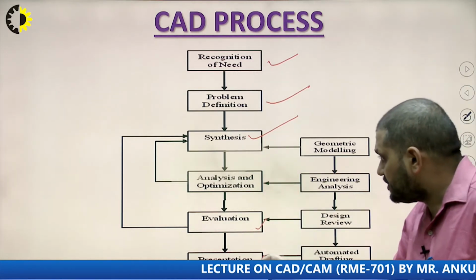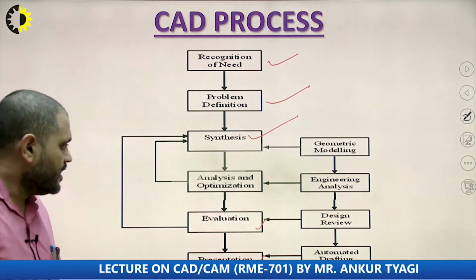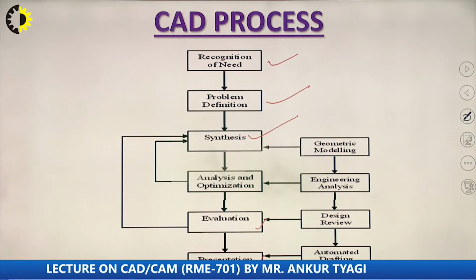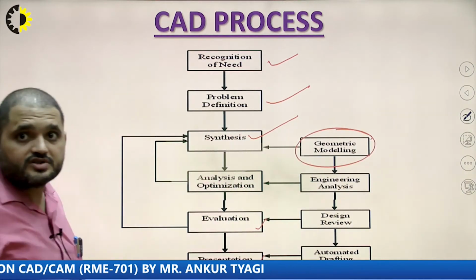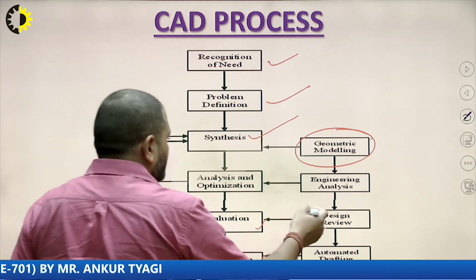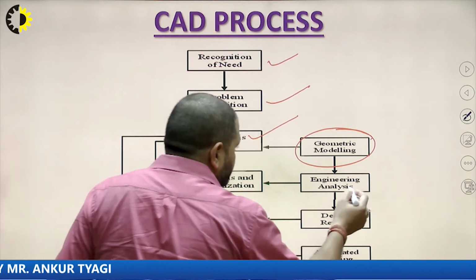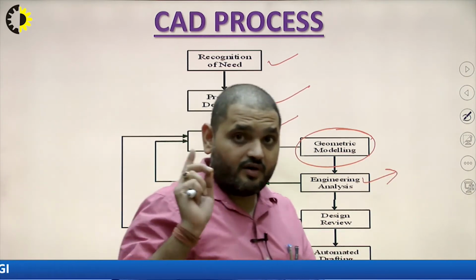The processes attached to these stages are as follows. For synthesis we use geometric modeling. For analysis and optimization we use engineering analysis software, like ProE and ANSYS, as I have already told you.